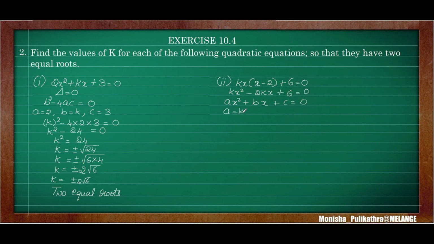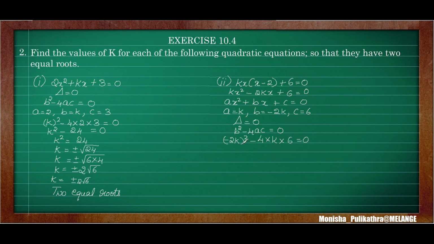Here a is equal to k, b is equal to minus 2k, and c is equal to 6. Already they have given that the roots are equal, therefore delta is equal to 0, that is b square minus 4ac is equal to 0.